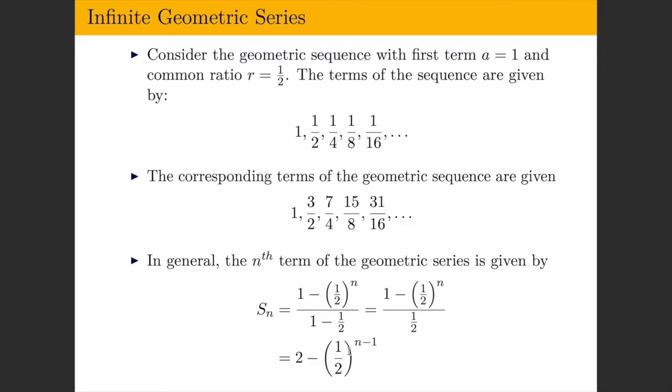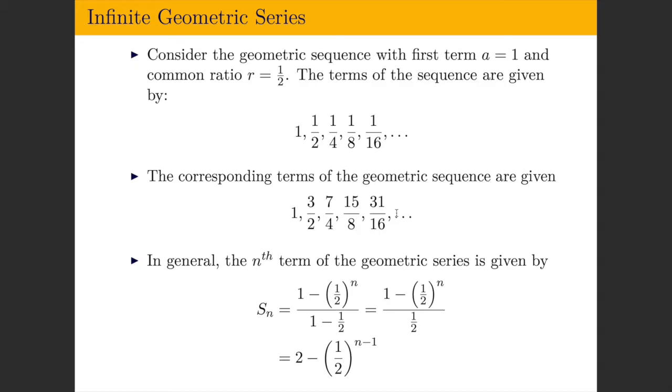Now, our goal here might be to discover what happens as n approaches infinity, and this is the idea of an infinite geometric series. What happens as we keep on adding terms to the sequence? What is the ultimate behavior of the sequence, or sorry, of the series?